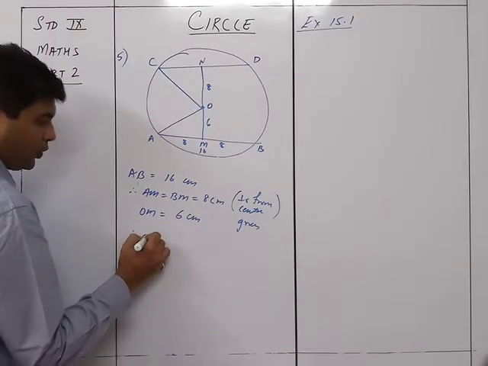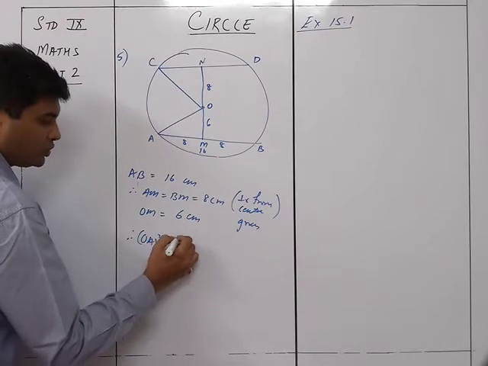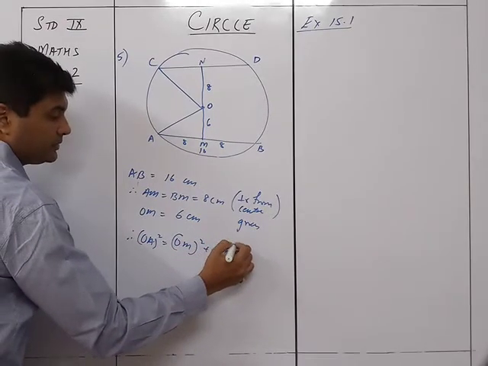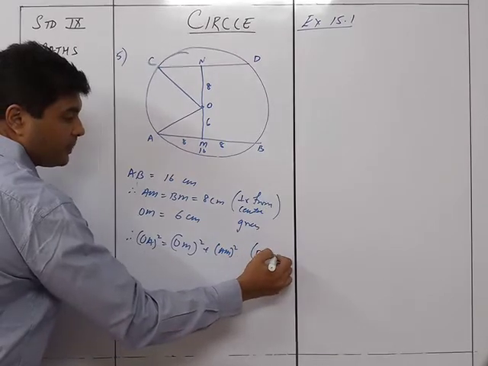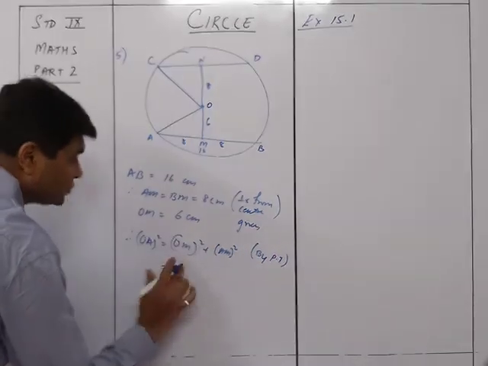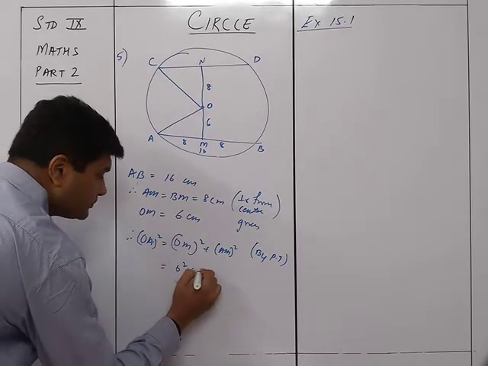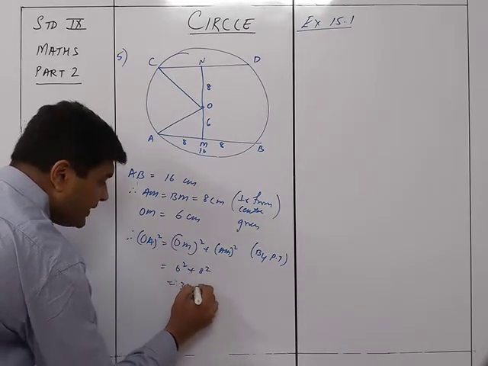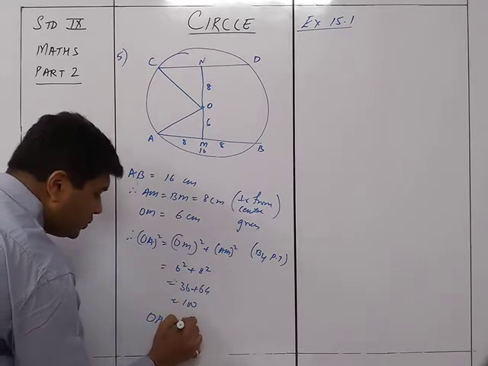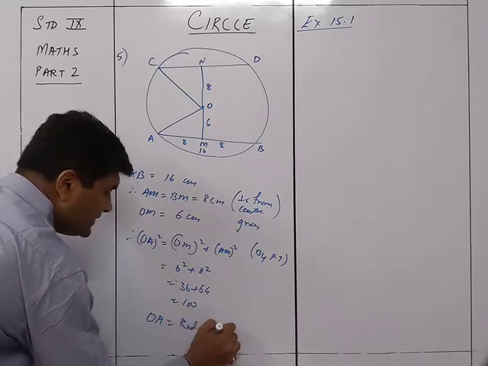Therefore, OA square is equal to OM square plus AM square, by Pythagoras theorem. So 6 square plus 8 square is 36 plus 64, which is 100. So OA, the radius, is equal to 10 centimeters.